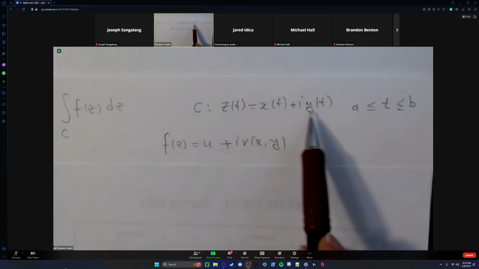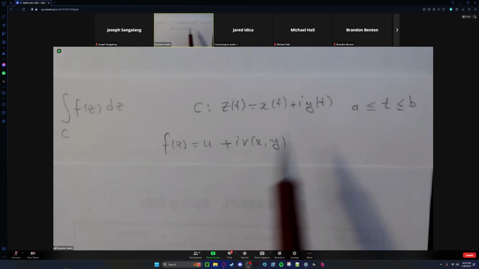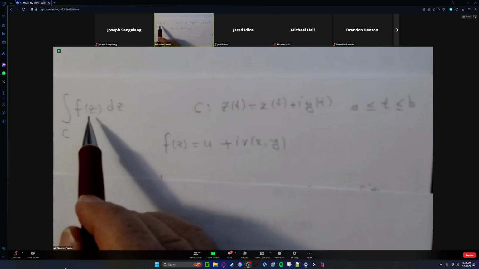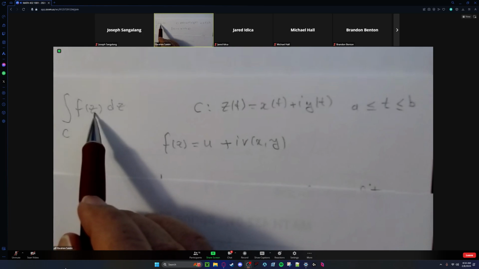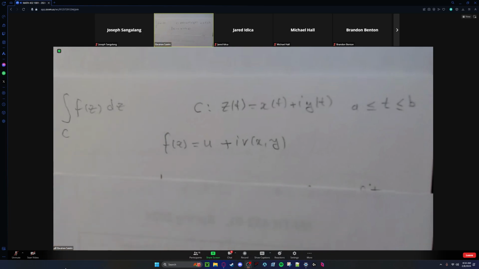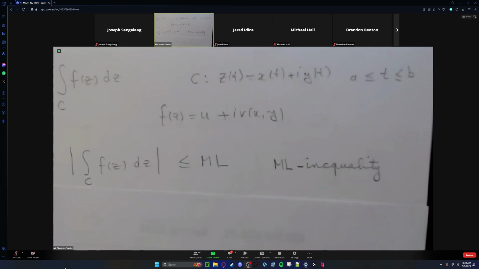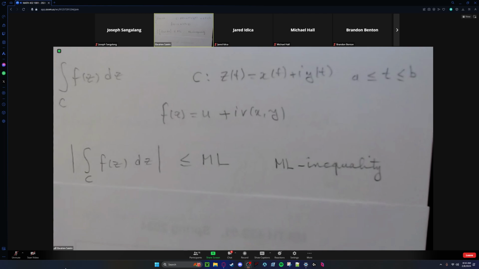As soon as you have the curve, its parameterization, the way we integrate is just replacing the parameterization in here. You will have f of z of t, z prime of t dt. And in the process, the first fact that I talked about is the ML inequality.